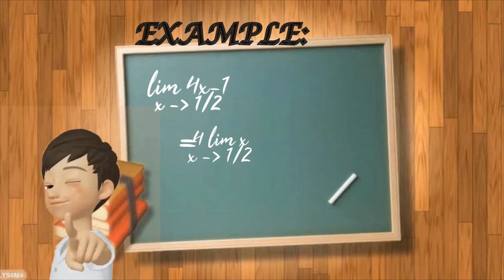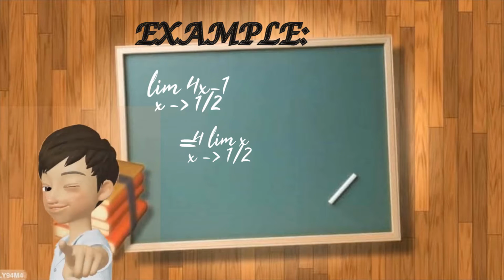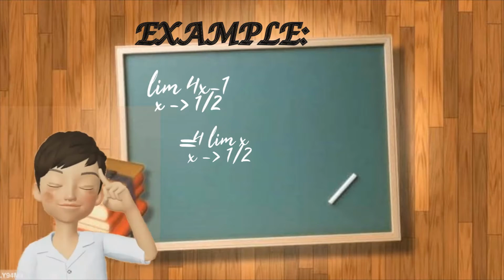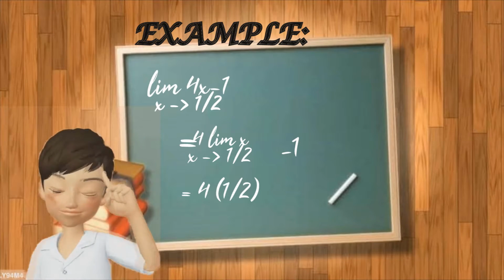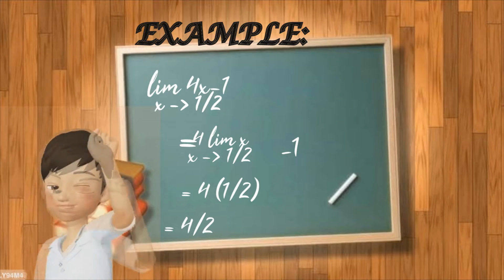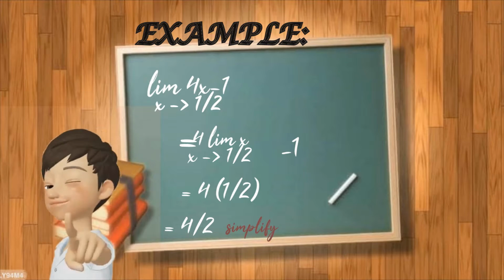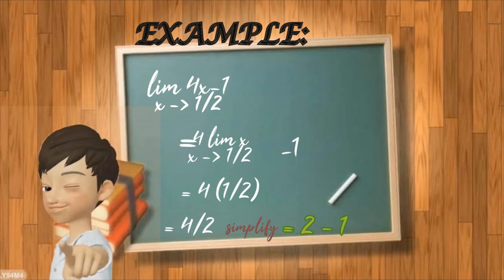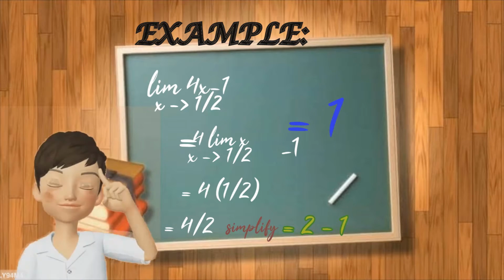So, nilabas lang yung 4, then limit of x as x approaches 1/2 minus 1. So, ang magiging sagot ay 4 times 1/2 is equal to 4/2. Tapos, simplest form lang natin yung 4/2 na magiging 2. Bring down na lang natin yung 1. So, 2 minus 1 is equal to 1.